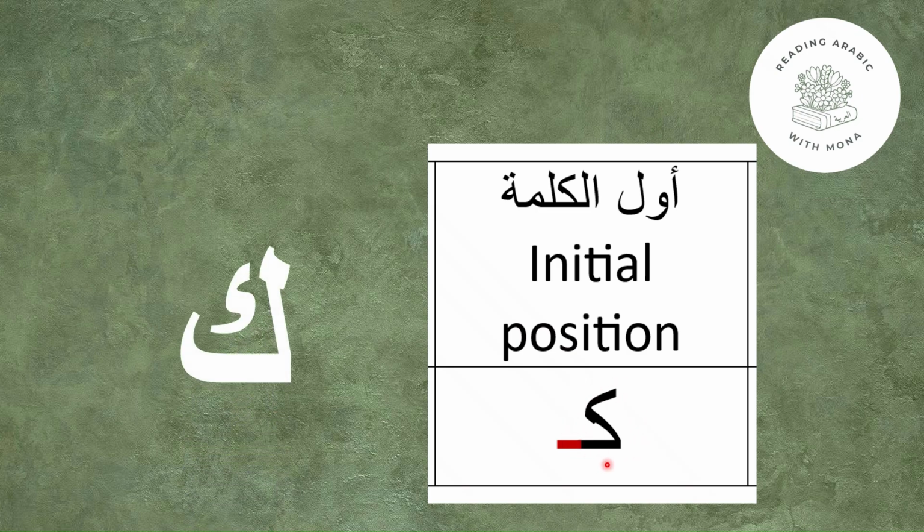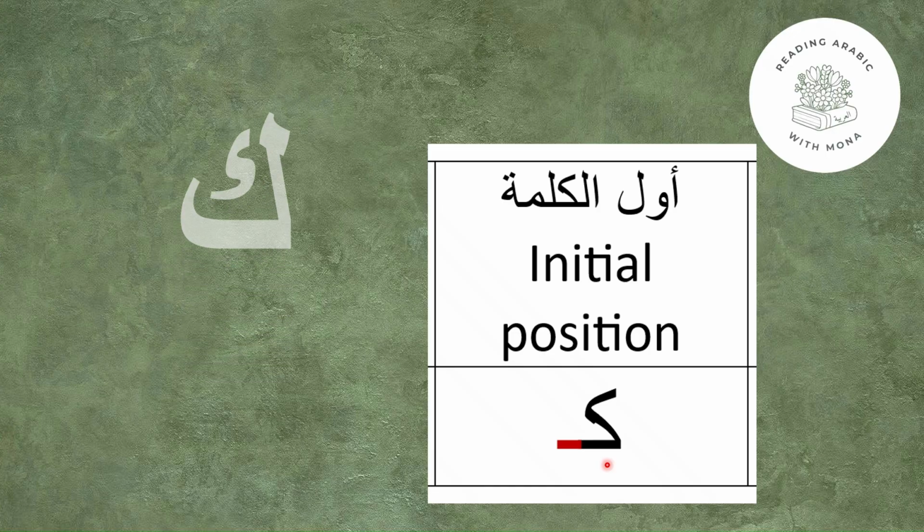Usually, when we compromise parts of the letter, we keep some parts to identify the identity of the original isolated form. But here with the kaf, when it comes at the beginning or in the middle of a word, it has a different shape or look.